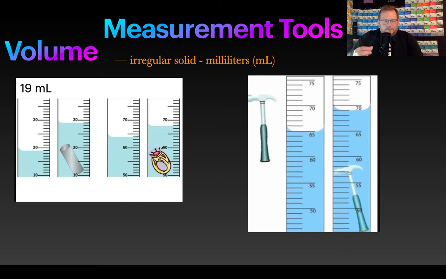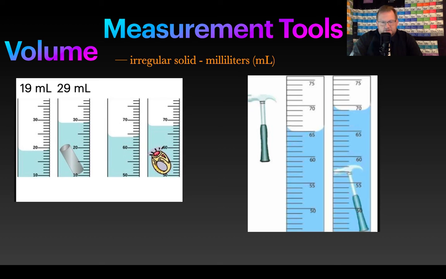Now we put the cylinder that we're going to measure in the water, and then we remeasure the water. So now we've dropped the cylinder in, and we look at the graduated cylinder and remeasure it, and now it measures at what? 29 milliliters. Okay. Now, how do we find the volume of the cylinder? Well, we subtract.